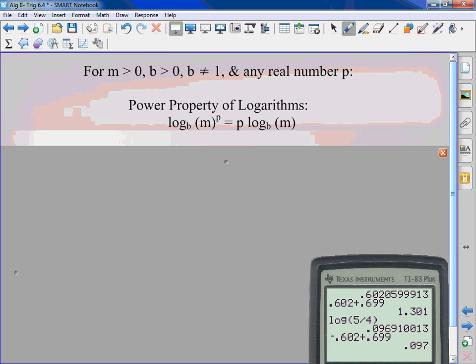Log base b of m to the p means p times log base b of m. What happened to my exponent on the m?